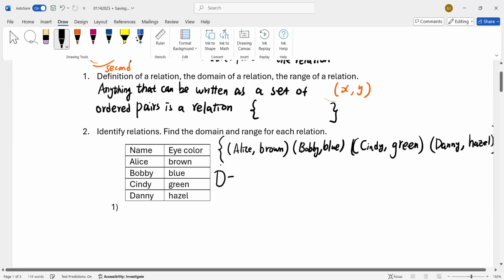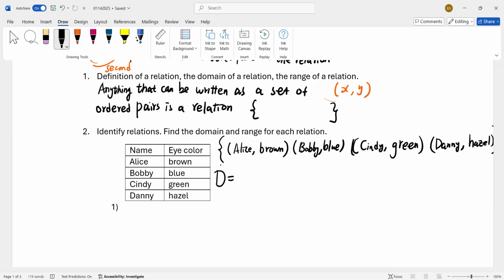What about the domain? We use capital D to represent the domain of the relation. By the definition, the domain is a set, and the set contains all the first components in the relation. In the relation, we have 4 pairs, and their first components are Alice, Bobby, Cindy, Danny.